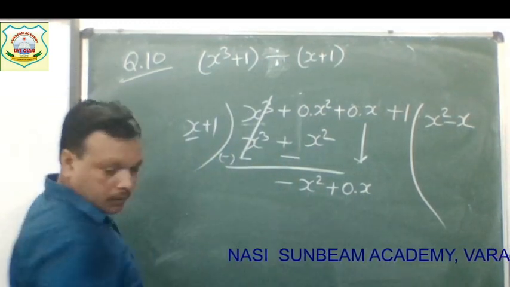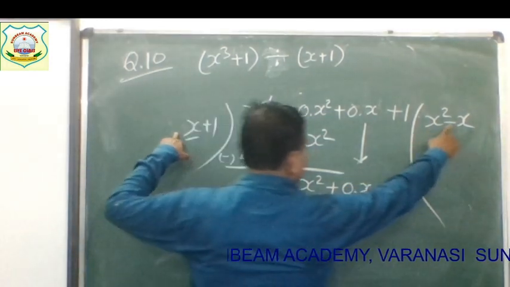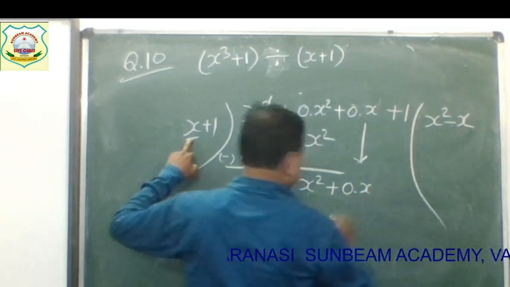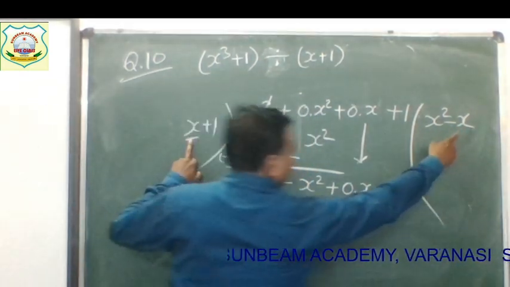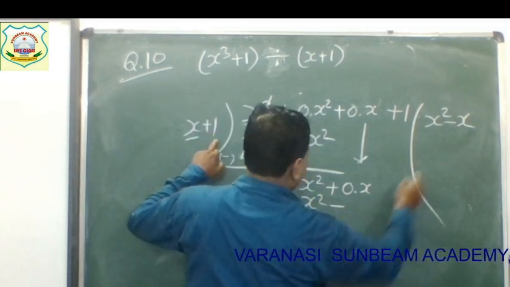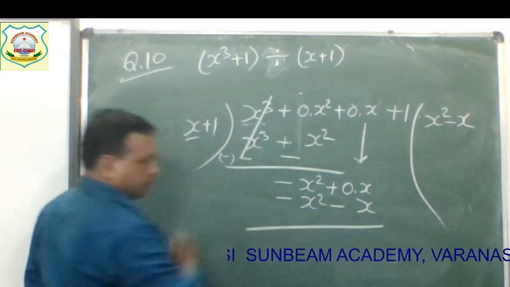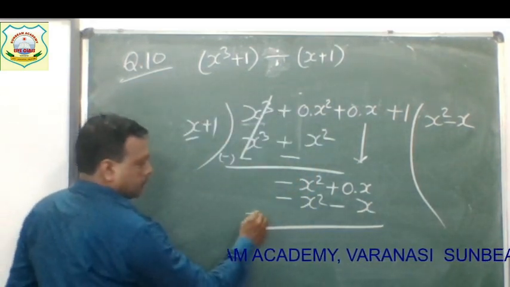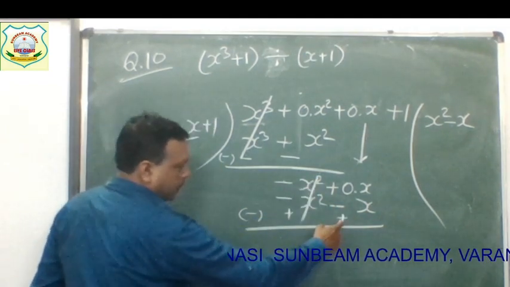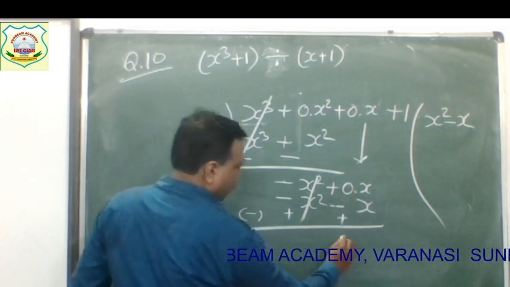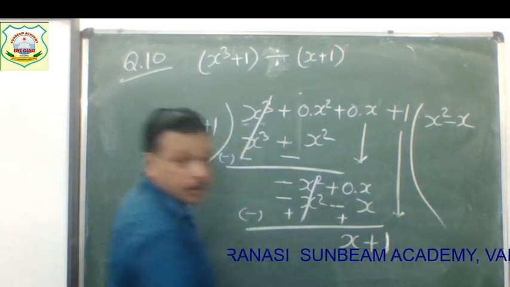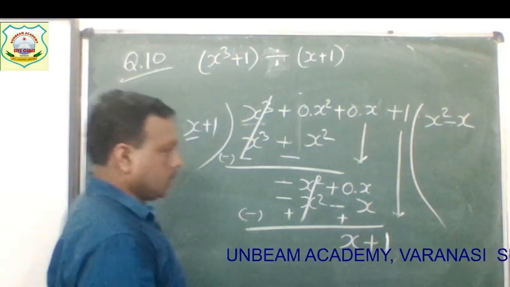Look at the question: minus x into x gives minus x square, and minus x into 1 gives minus x. Minus and plus cancel, plus 0 into x is 0, and only x will come. And what is left here? 1, plus 1. We can write here also.